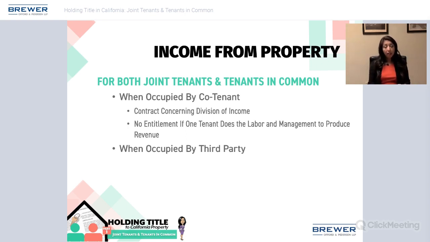It's not automatic. It's automatic just that tenants who own the property and lease it out to a third person have the rights to an equal division of the rental income unless they agree differently.